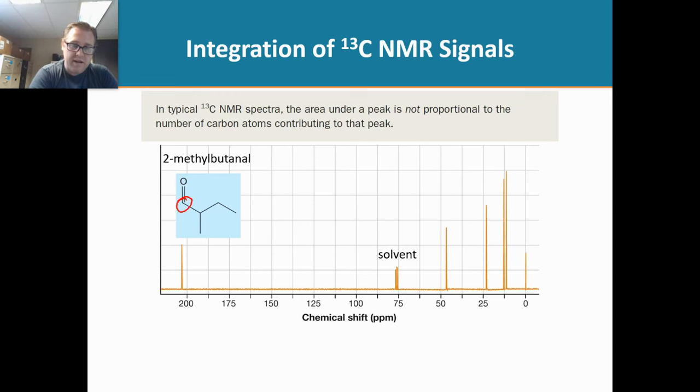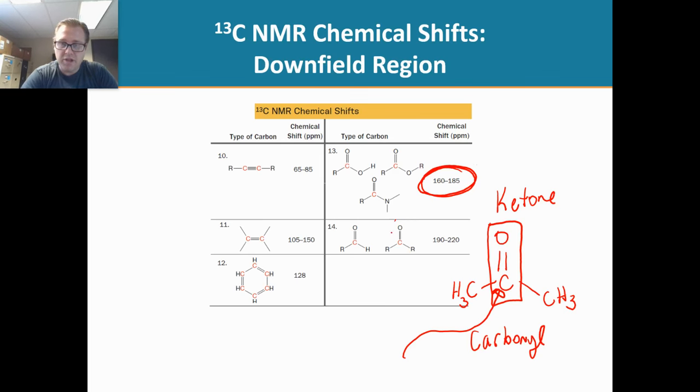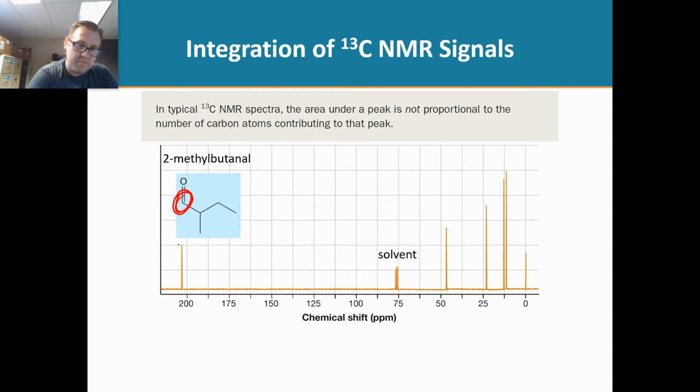That carbon right there is an aldehyde. Or sorry, this whole molecule is an aldehyde. And so we have a carbonyl carbon. So where do carbonyl carbons show up? Around there. And do we see a peak? Boom. There it is. So we can say with confidence that this carbon right here is A, and that signal right there is A.